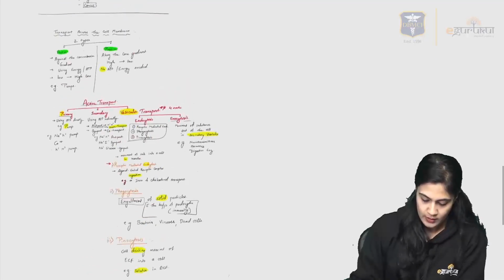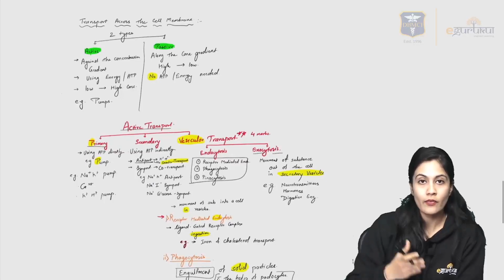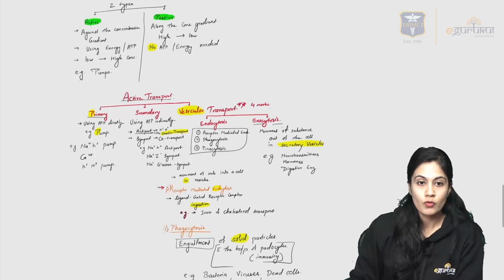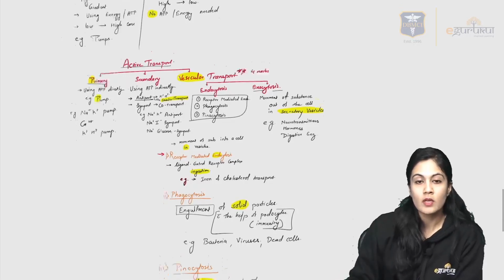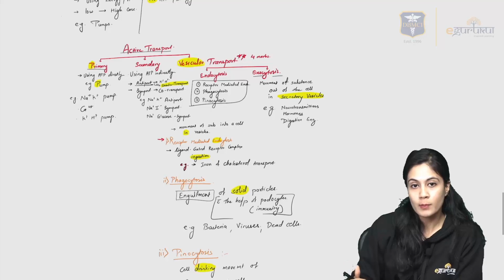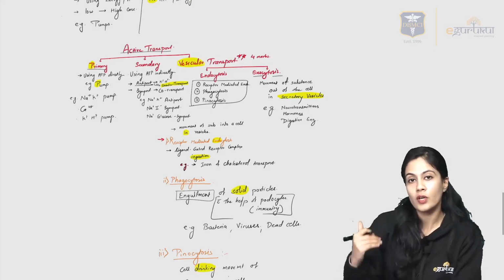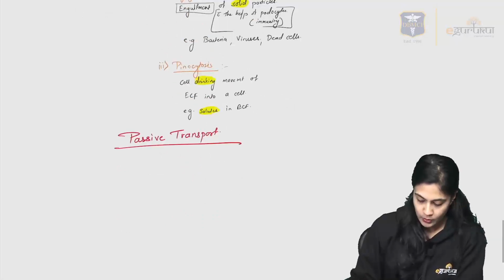We first discussed that transport is of two types, active as well as passive. Then we moved on to active transport. First of all, it is of three primary types, and the vesicular type is again divided into two subtypes, endo and exo. Endo is further subdivided into three types.